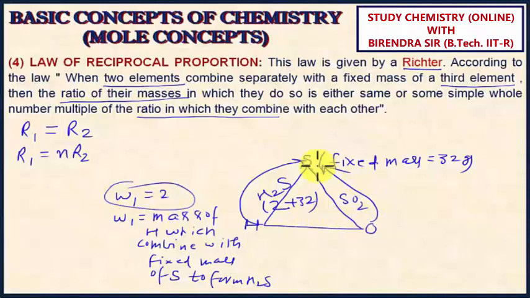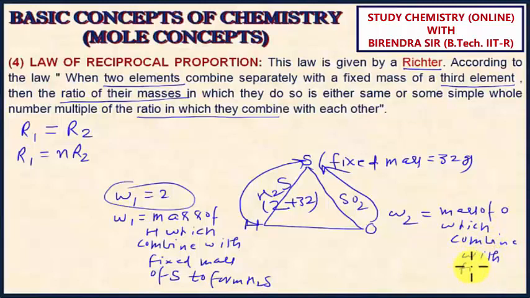Now oxygen combines with sulfur separately to form SO2. I will get W2. W2 is what? Mass of oxygen which combine with fixed mass of sulfur to give SO2, and that can be found with the help of molar mass.